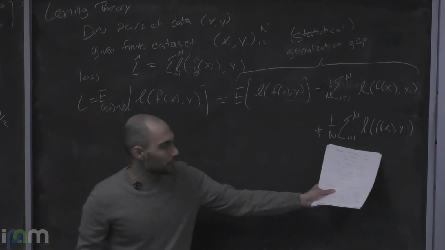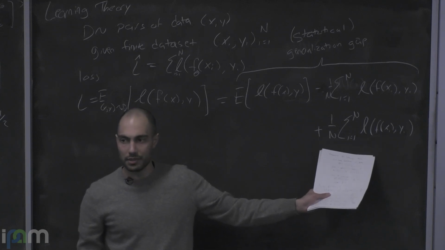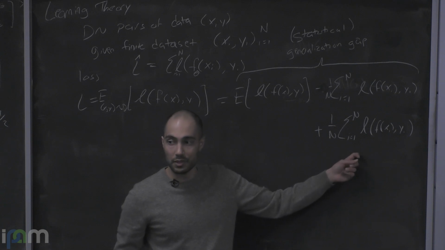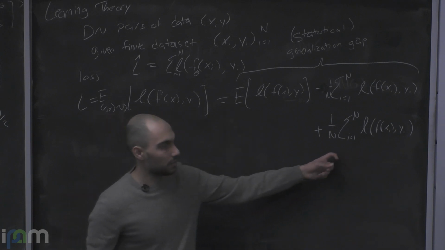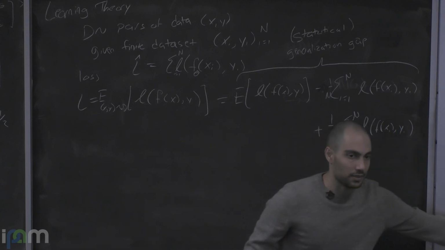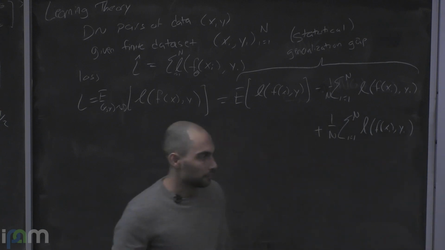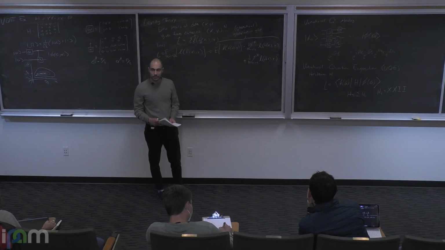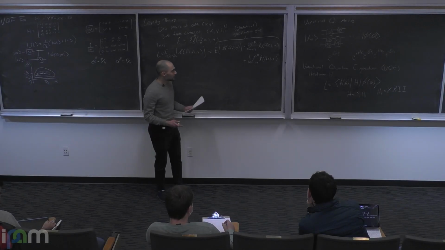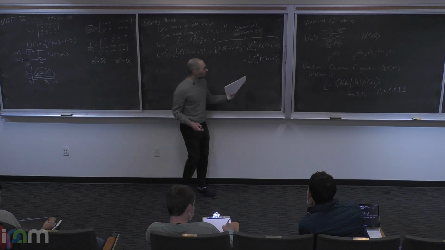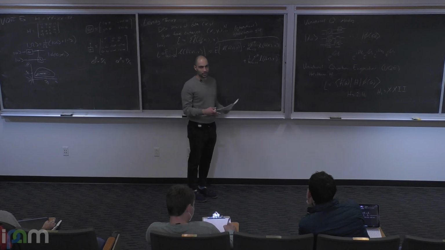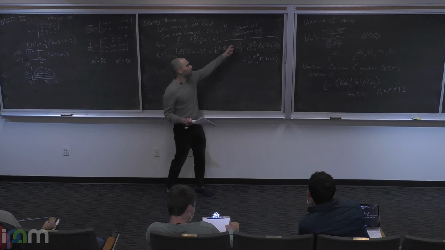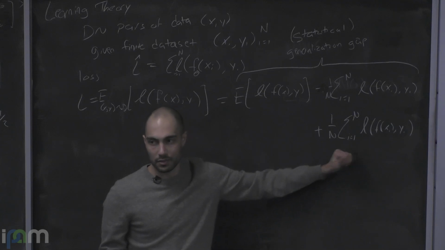And if we stare at this for a second, this is like an optimization. I have some quantity which I can optimize, and I want to minimize it. So this is the empirical error, sometimes called the optimization error. We can minimize this, or at least we have methods to do it, but we don't really know what's going on here. So is there a way we can bound this error so that all we care about is this one?